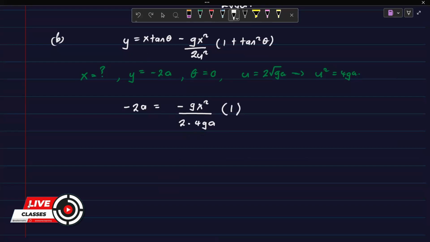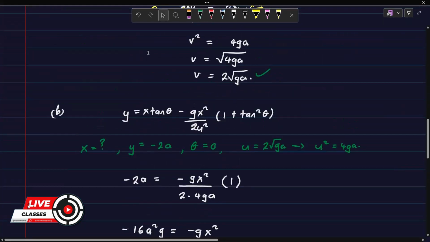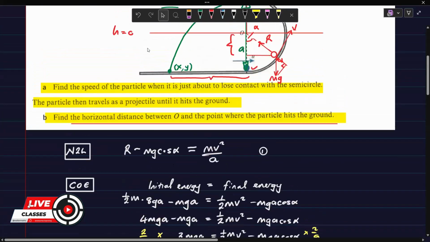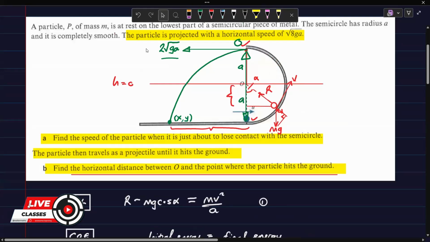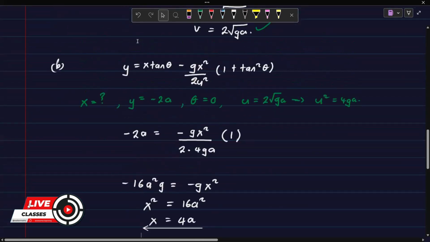Multiply both sides by 8ga. We will get minus 16a squared g, and that's equal to minus gx squared. Remember, we're looking for x, the horizontal distance. So x squared is equal to 16a squared. Square root that. So x comes out as 4a. So this here is the value of x, and that's the horizontal distance from O to the point where the particle hits the ground. So that's how we answer this particular question.